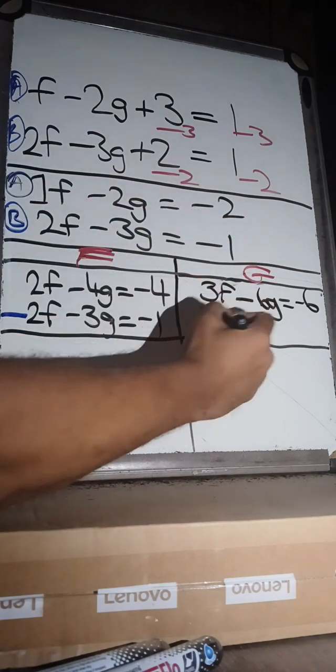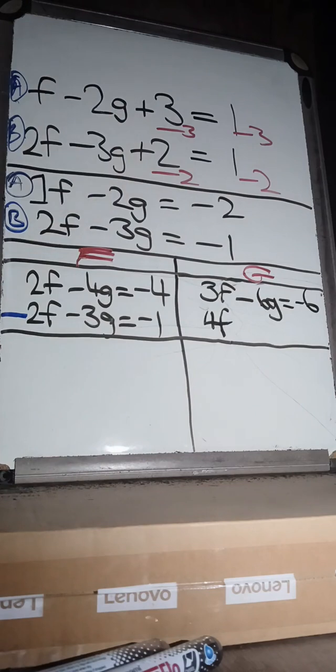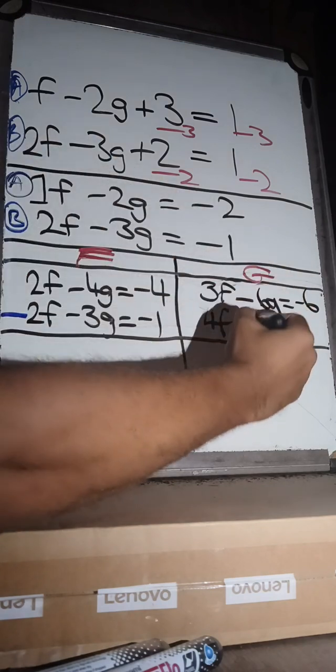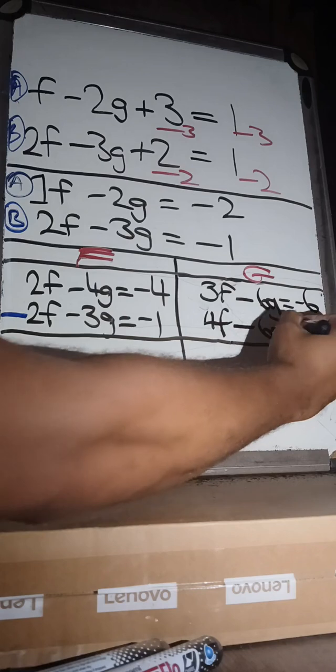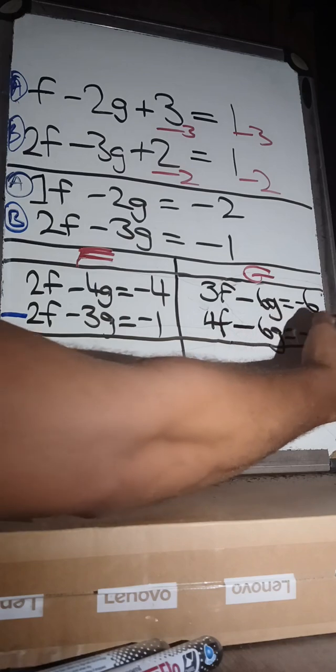What else? No, multiply everything down here by 2. So you'll have 4f minus 6g equal minus 2.